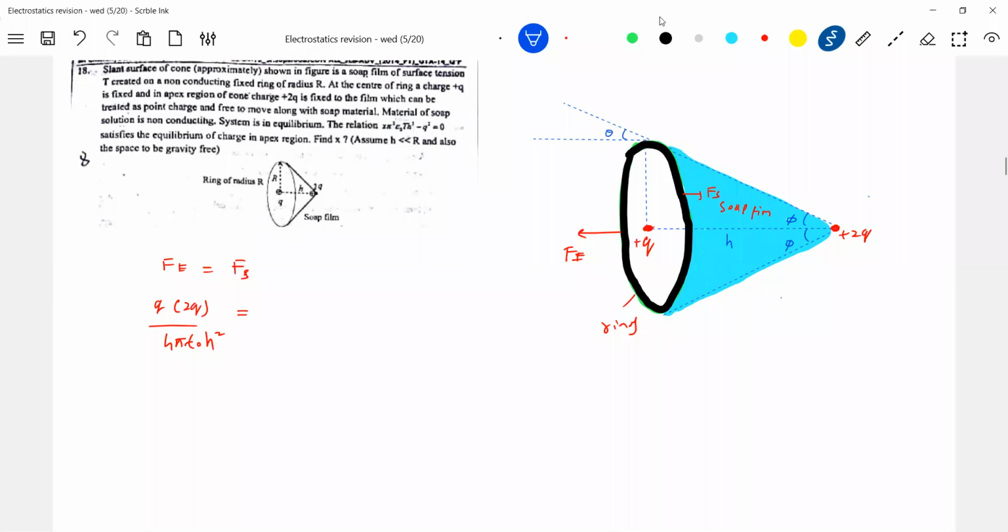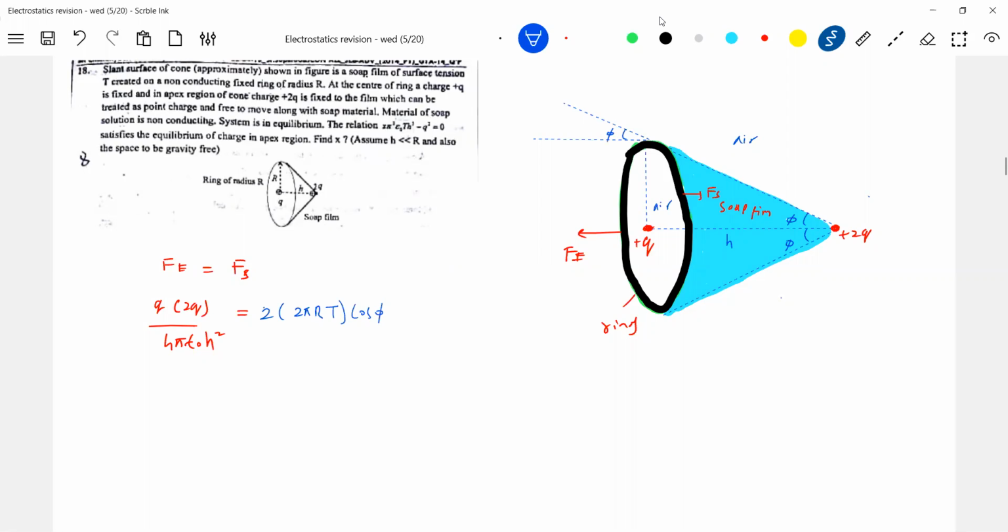So what is the force due to surface tension? Two surface areas will come. Inside air will be there, outside air will be there. So at an angle I should take, so 2 into first 2 pi r, surface tension T is given, no? Surface tension T into, shall we write cos phi?